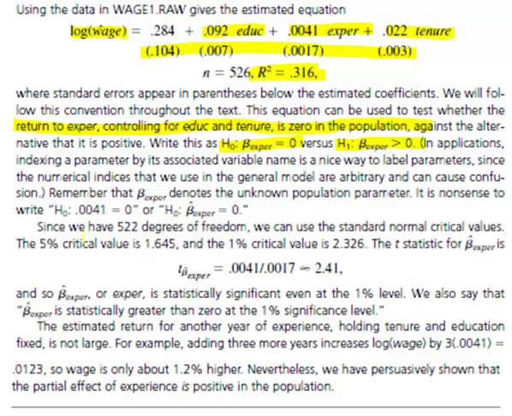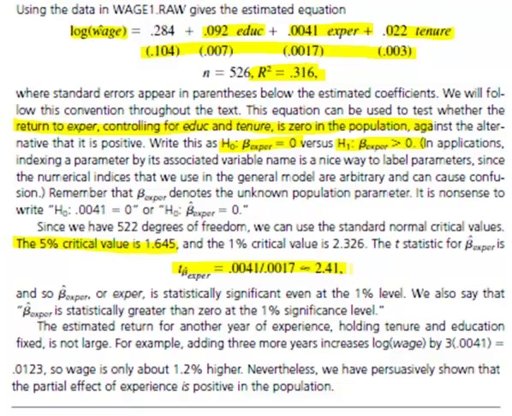wages, and the null hypothesis is rejected here because you have a good fit here. The critical value for 5% is 1.65, 1.64, and the t value here for experience is the estimated coefficient, 0.0041, divided by the standard error 0.0017, which gives you a value of 2.41.